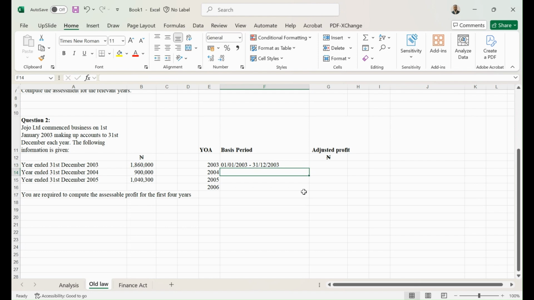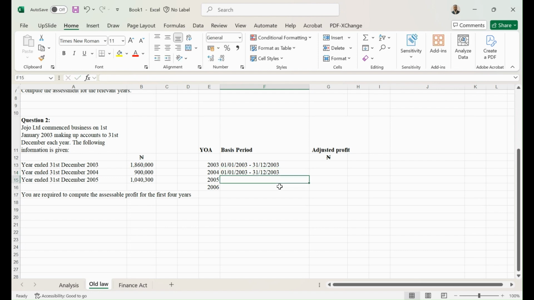That's the law. Then the second one will be from when the company commenced operation up to a period after 12 months. So you see that it's now going to be 1st of January 2003 up to 31st December 2003.